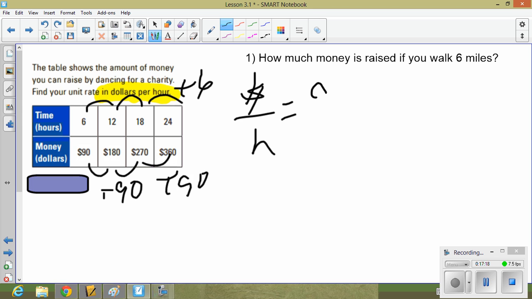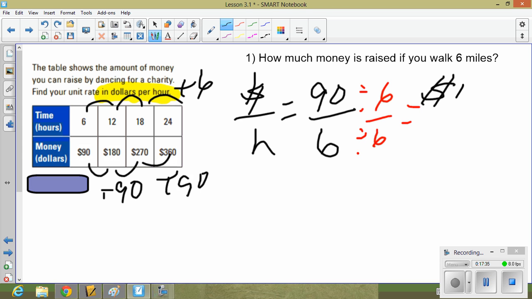Okay, so every $90 that I earn, I walk 6 hours. So I will be dividing both numerator and denominator by 6. So use your calculator. 90 divided by 6. This means I earn $15 for each hour that you walk or dance.